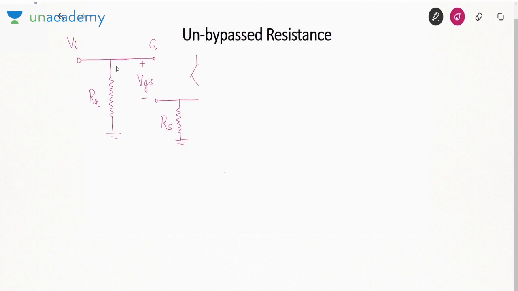Then between drain and source we will have a current source GM VGS. In parallel to this current source we will have a resistance R0, and here we will have a resistance between drain and ground RD. This will be V0. Okay. So now our circuit has changed when we have considered unbypassed source resistance.